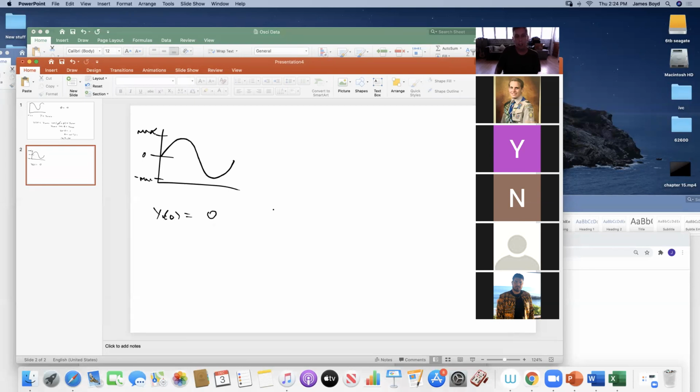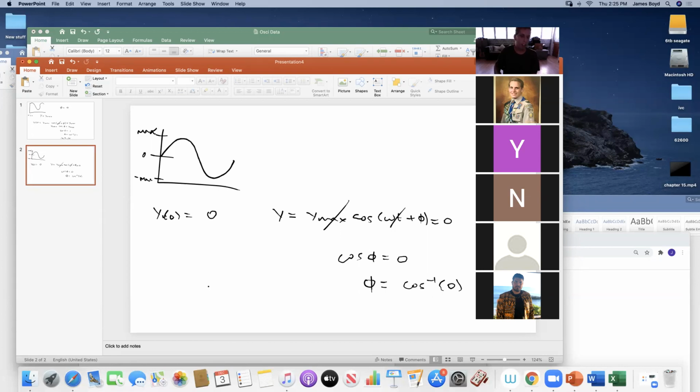And therefore, y is equal to y max cos of omega t plus phi is equal to 0. This goes away, and we get cos of phi is equal to 0. And therefore, phi is equal to arc cosine of 0. Or what is phi when cosine is 0?